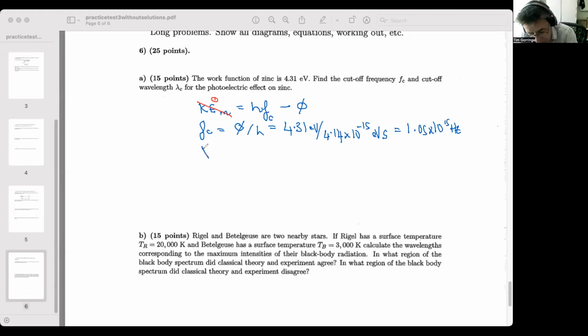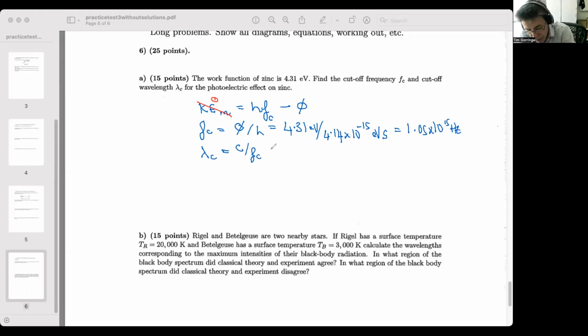The corresponding cutoff wavelength we can get from the cutoff frequency by this little equation. This is just the equation that the product of the wavelength of the light and the frequency of the light is equal to the speed of light, just rearranged as an equation for the wavelength.